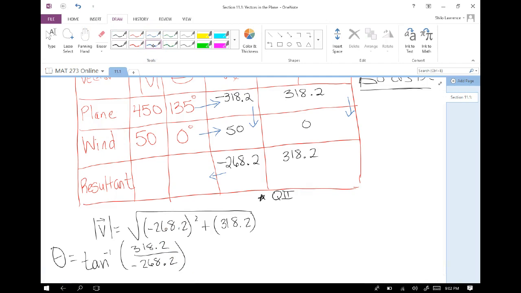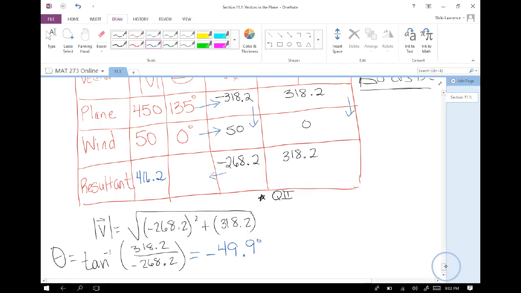When we run these calculations, I get a magnitude of about 416.2. And for theta, my calculator is saying about negative 49.9 degrees. This is a reference angle. This is not my answer.